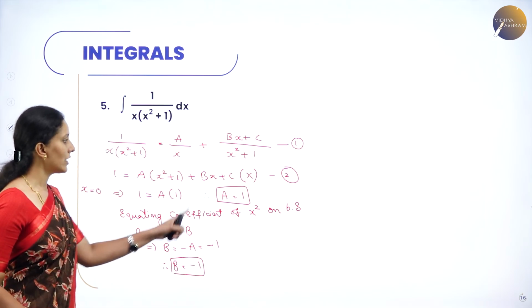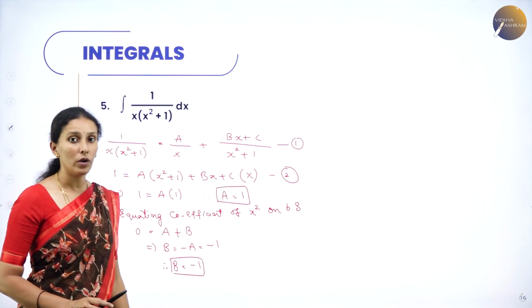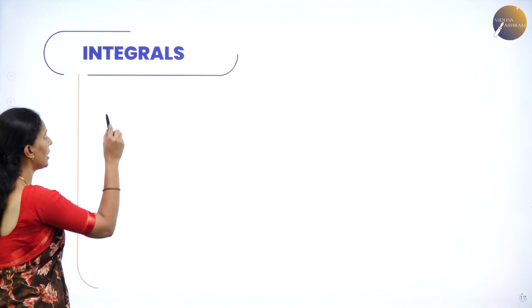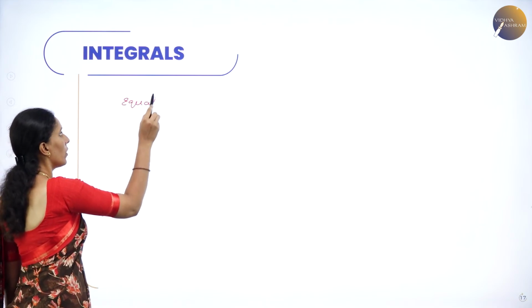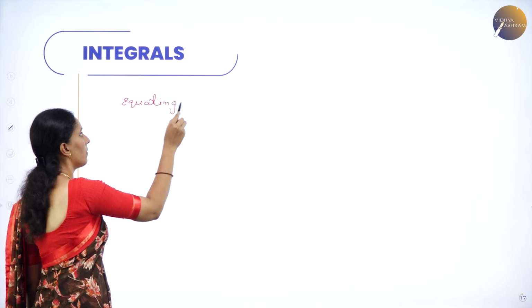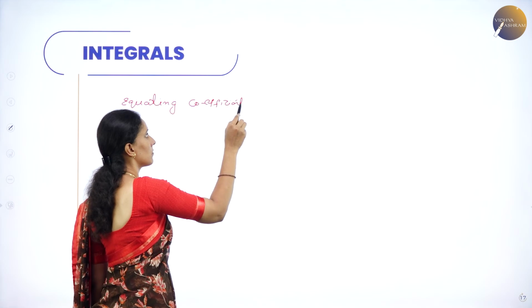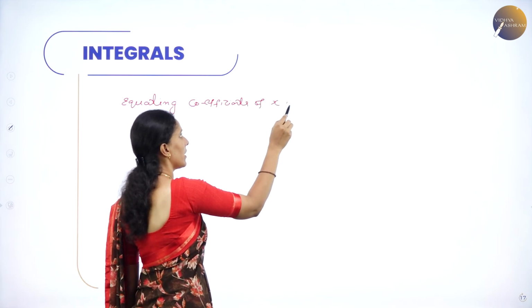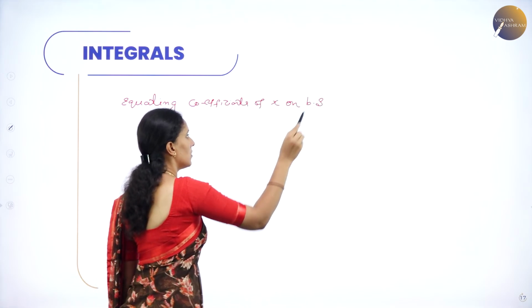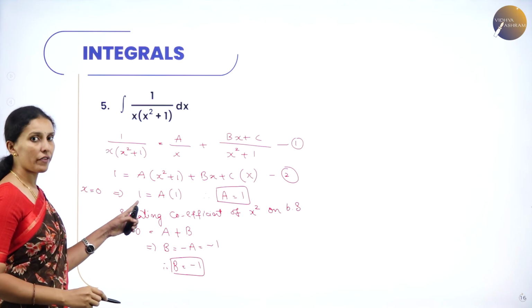Next, we need to find c. c is a coefficient of x. So let me equate coefficients of x on both sides. So do you find any coefficient of x term here?